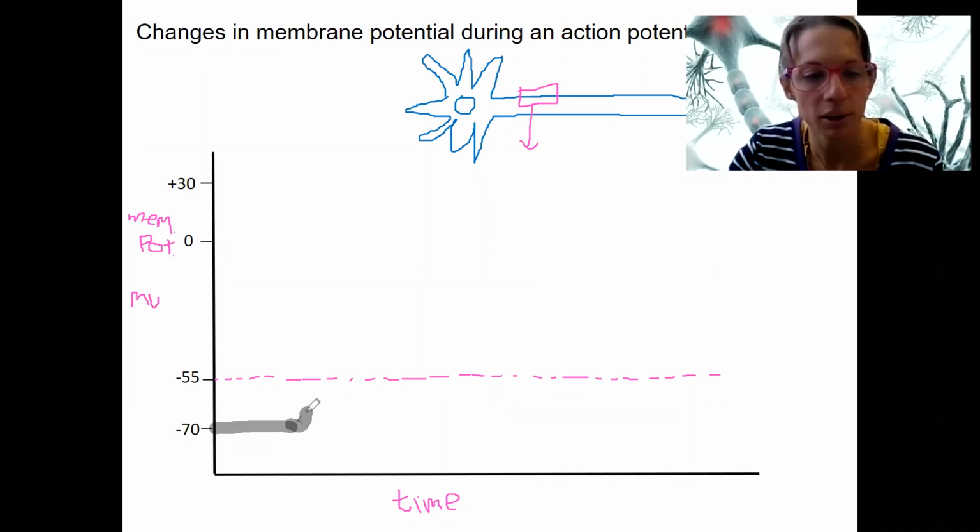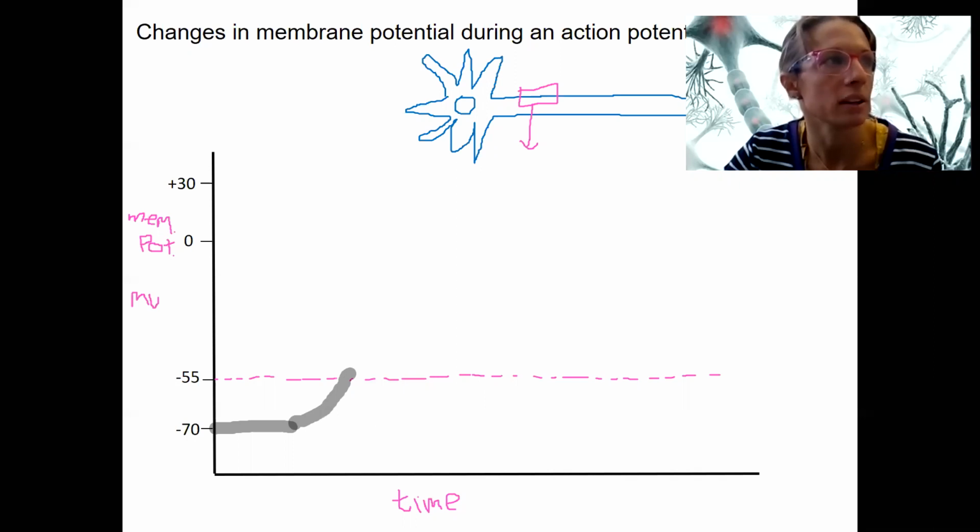So we can have a little blip here that then goes back down again. That was a graded potential, a local potential. But right now we're going to talk about a stimulus that is large enough to hit threshold and what is going to happen there. So between 1 and 2, to cause this to happen right here, what happened?